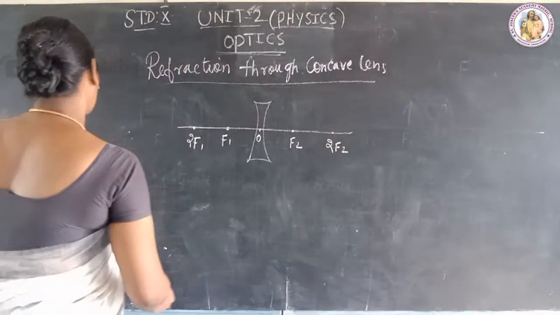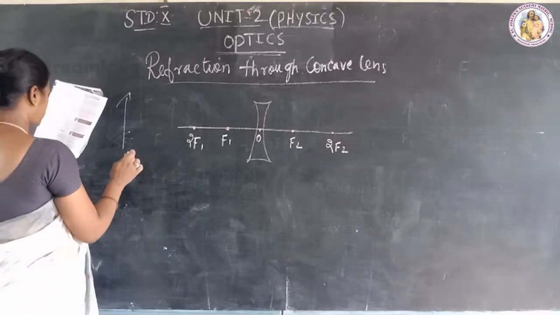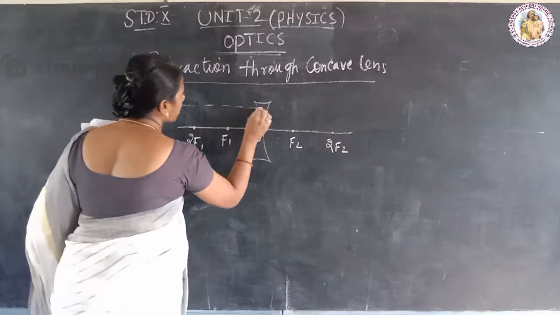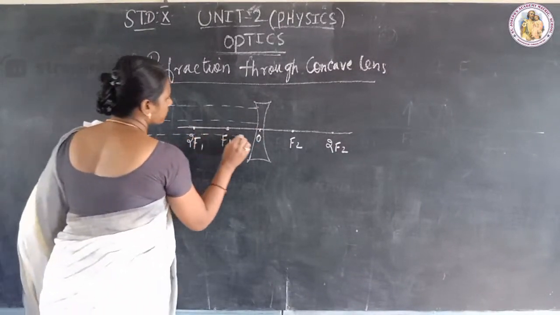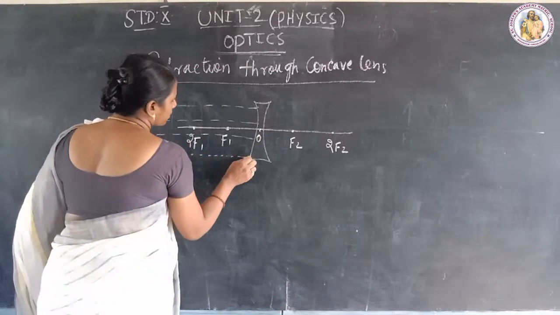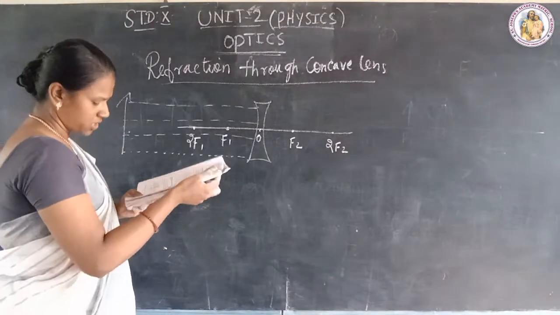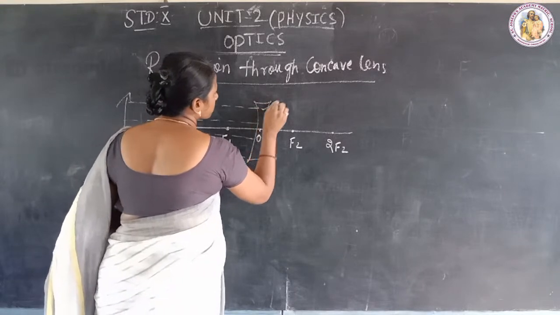If I keep the object at infinity, again all the rays are parallel. When the object is very far away, the incident rays are all parallel to the principal axis. They get refracted and are diverged.